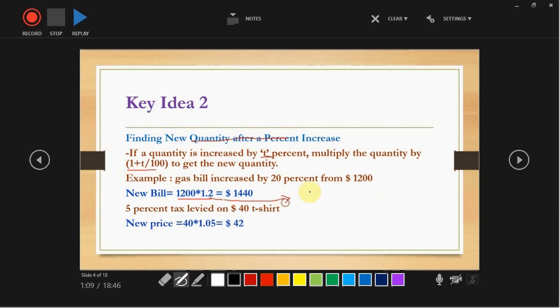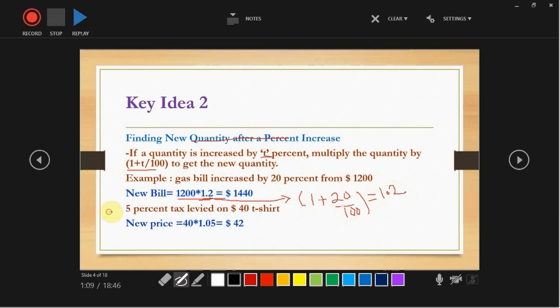This 1.2 comes from 1 plus 20 divided by 100, which equals 1.2. If the percent increase is 30%, we multiply by 1.3. If it increases 50%, we multiply by 1.5.